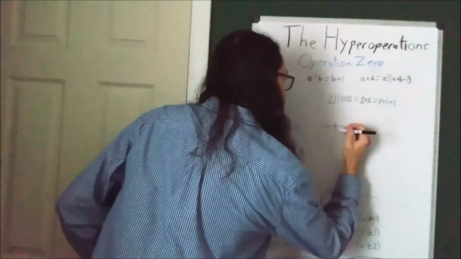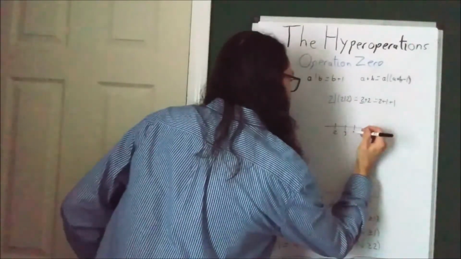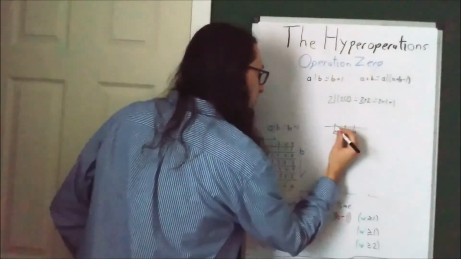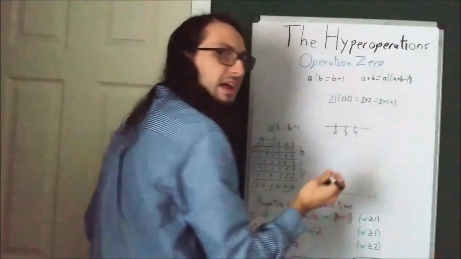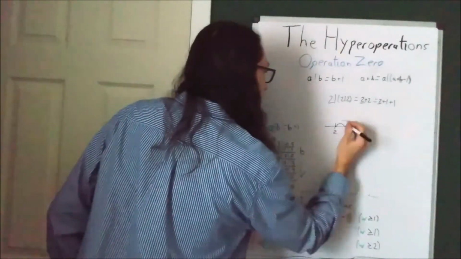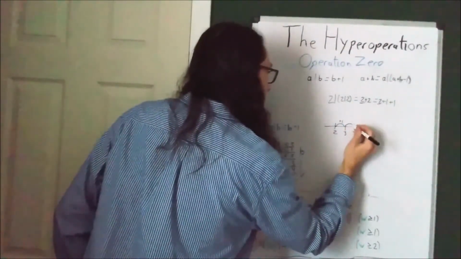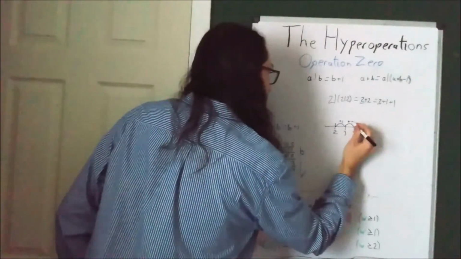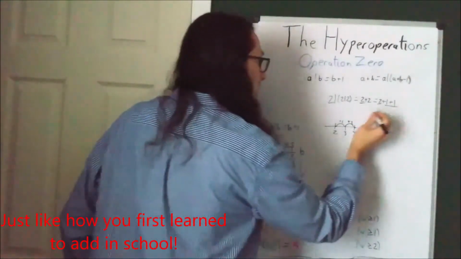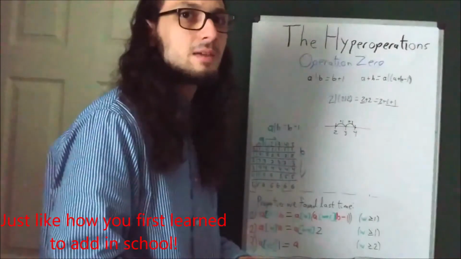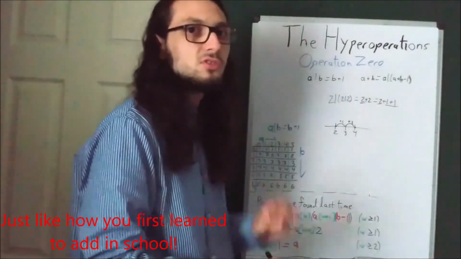Let's look at this on a number line. 2, 3, 4. We started at 2 for our first number, and then we add 1 once, and then we add 1 a second time to get to 4. So 2 plus 2 is the same as adding 1 to 2 twice.